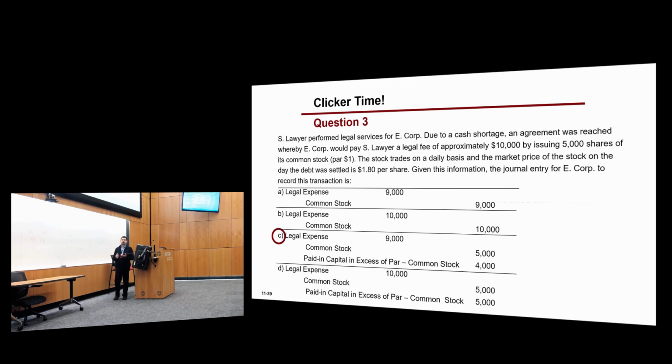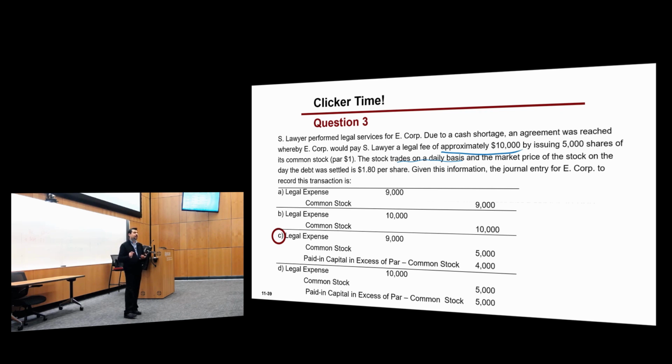Remember, here again, they say that the amount is approximately 10,000 by issuing 5,000 shares of the stock that is traded on a daily basis, which means what? When it's traded, it means that it's more accurate, readily available, easier to determine, so we take the cost of the stock.